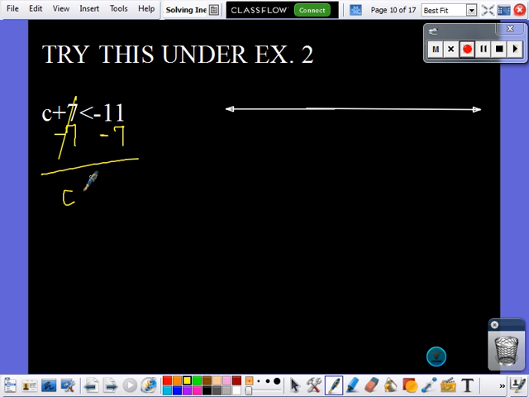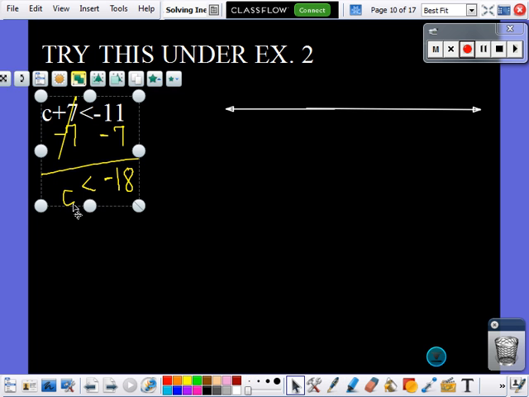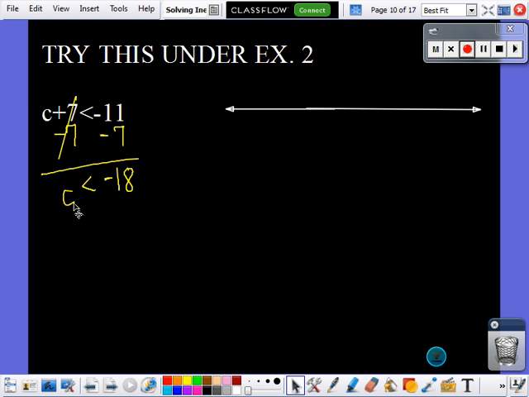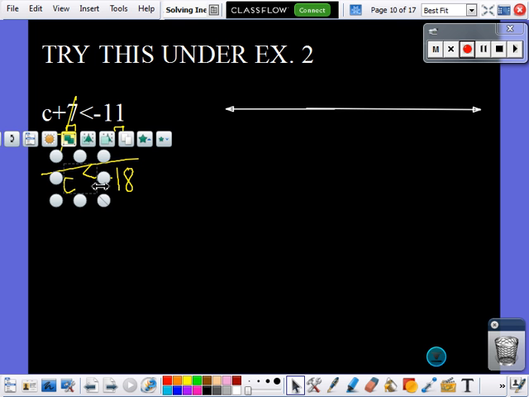Get my answer. Bring down my inequality symbol, okay? Not an equal sign.